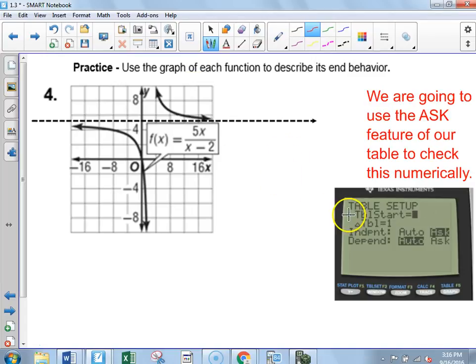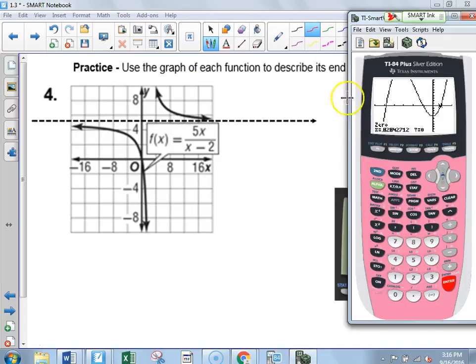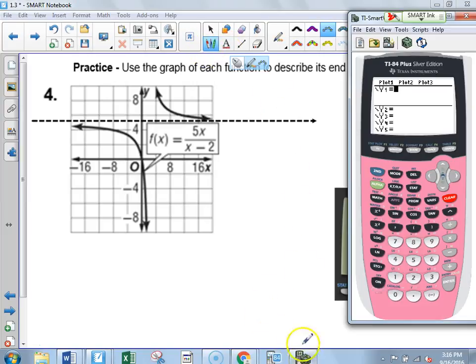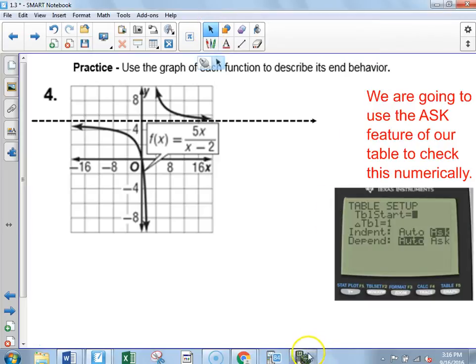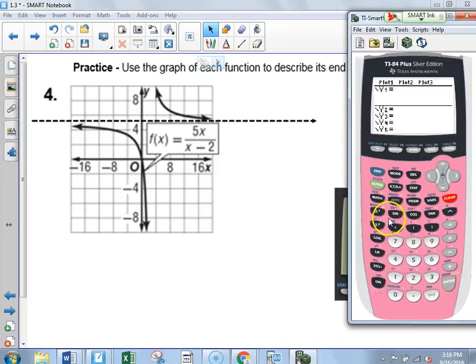I want you to type this in. What do you need for y equals for this question? 5x over x minus 2. You need some parentheses. You don't have to absolutely have them around the top.